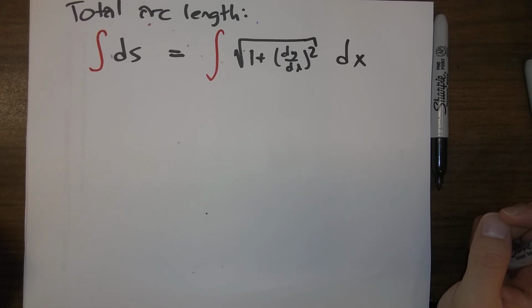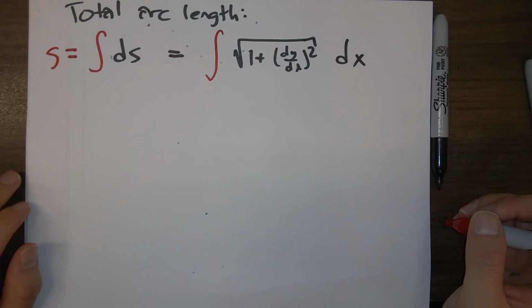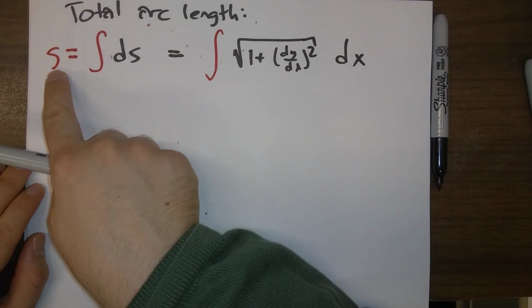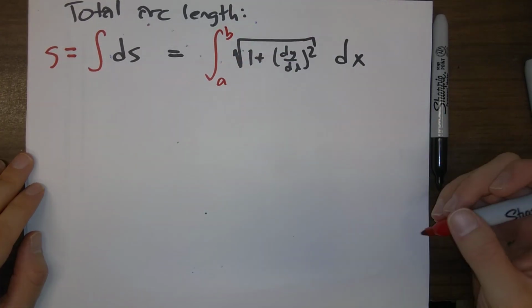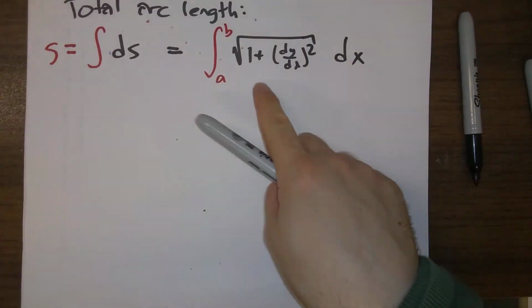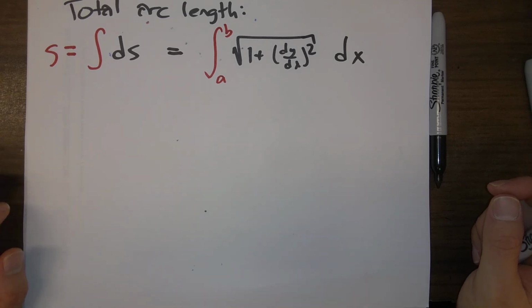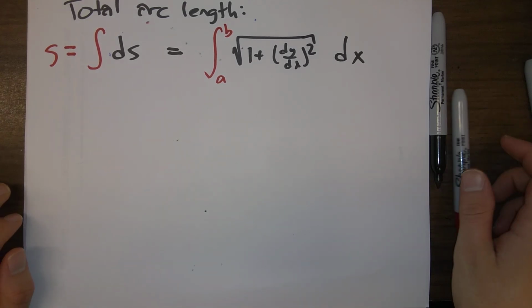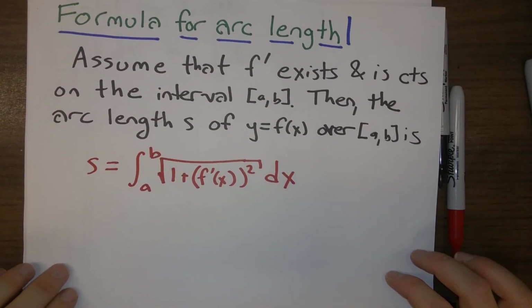We're taking a limit as the chunks get smaller, as the number of them goes off to infinity. So what we basically end up with is we're integrating. So s is the integral of ds, the integral from a to b, the endpoints in this picture, of the square root of 1 plus dy over dx, quantity squared, dx.